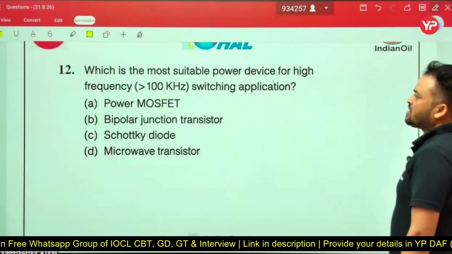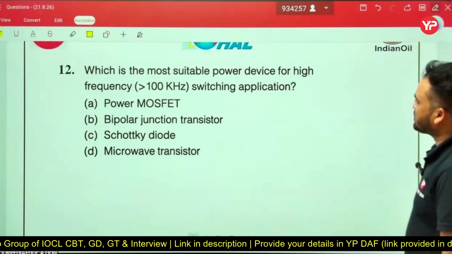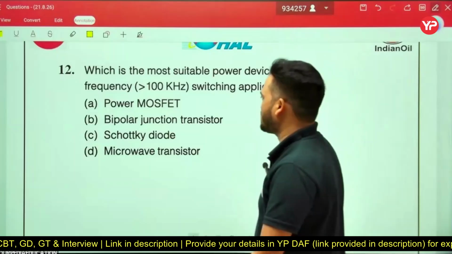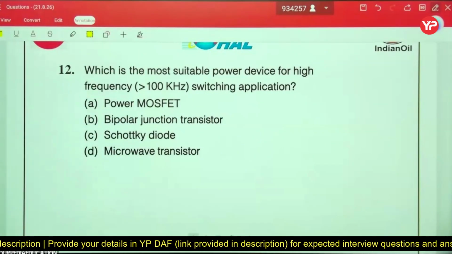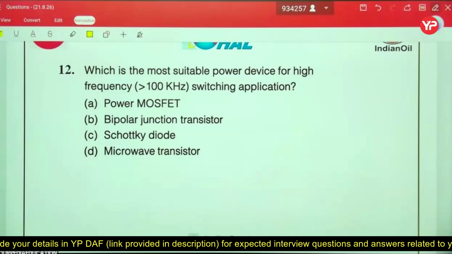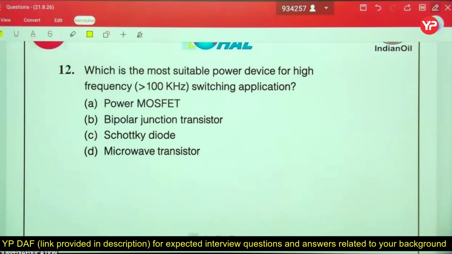Next, which is the most suitable power device for high frequency greater than 100 kilohertz switching application? Power MOSFET, bipolar junction transistor, Schottky diode and microwave transistor.